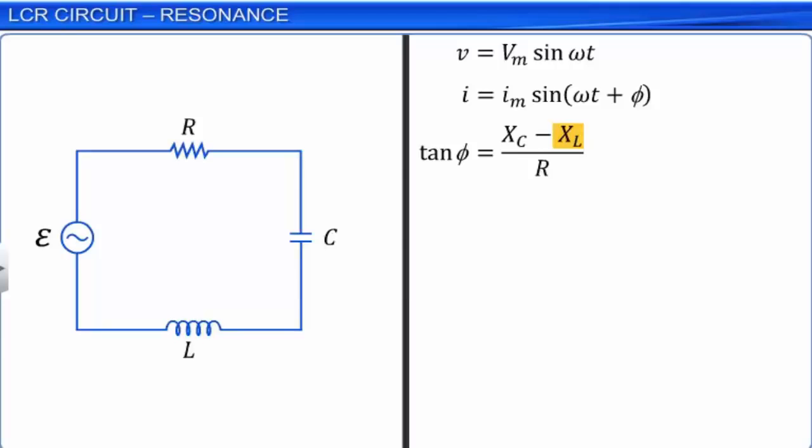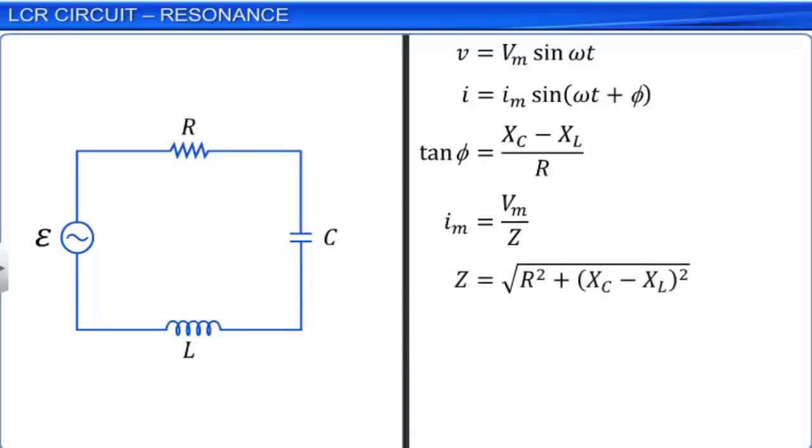We know that the amplitude of current Im in an LCR circuit is given by Vm by Z, where Z is the impedance of the circuit. In terms of capacitive reactance Xc and inductive reactance XL, we have Z is equal to square root of R square plus Xc minus XL square.